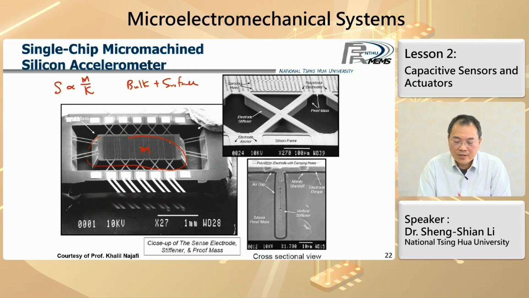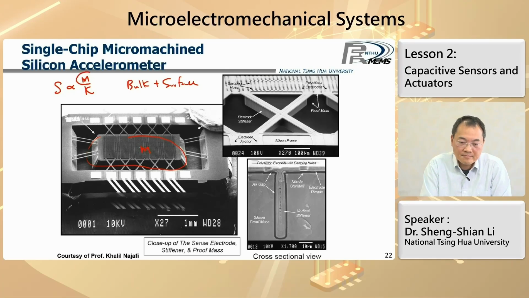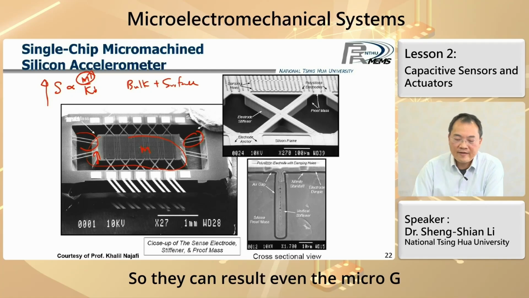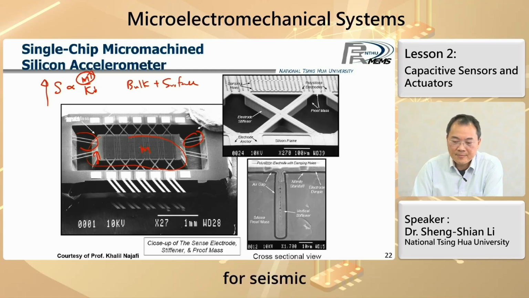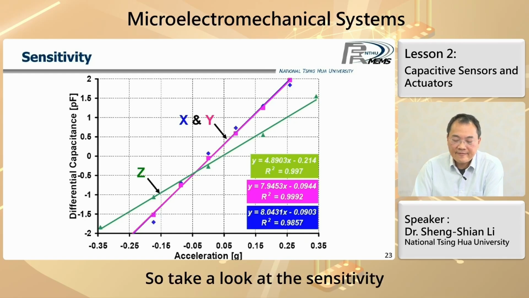You can imagine they can have very high sensitivity, due to, first, M, the full wafer thickness, very large. K, a thin film, so they have a very low K and high proof mass, so sensitivity is very high. They can resolve even micro G for seismic applications. Take a look at their sensitivity.